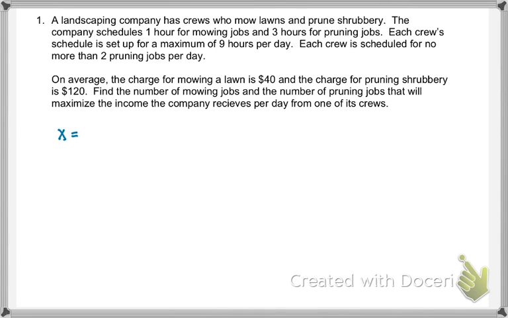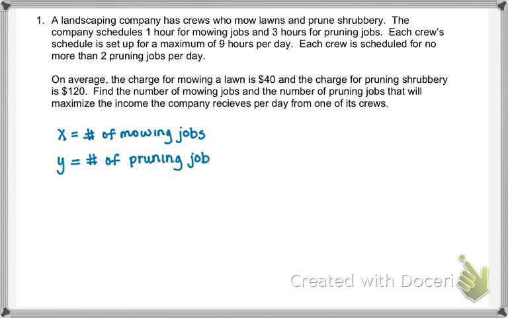So I'm going to let x represent the number of mowing jobs. And I'm going to let y represent the number of pruning jobs. So that's always step number one.